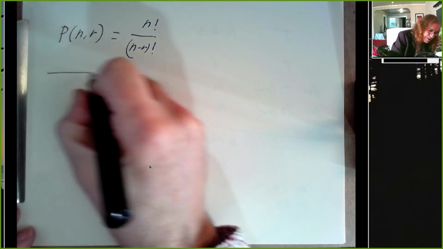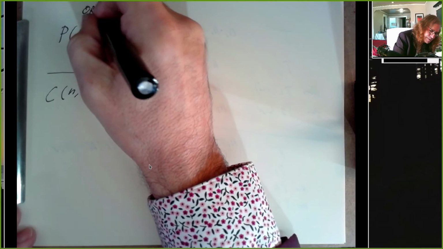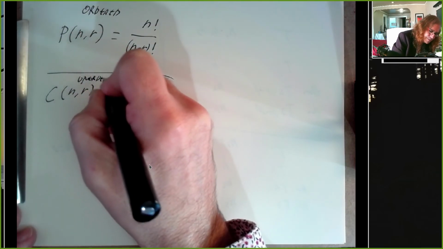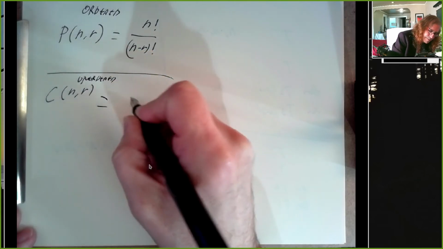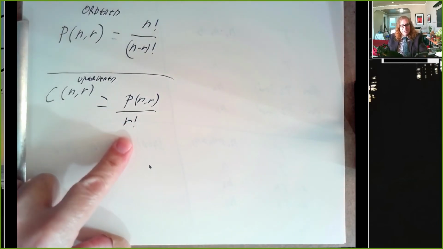That's when we care about the ordering. If we don't care about the ordering, then we have a combination. So this is ordered. This is unordered. And to find the number of unordered ways we can choose r things from n, we just take the number of ordered ways and divide by the number of ways we can order those r elements.